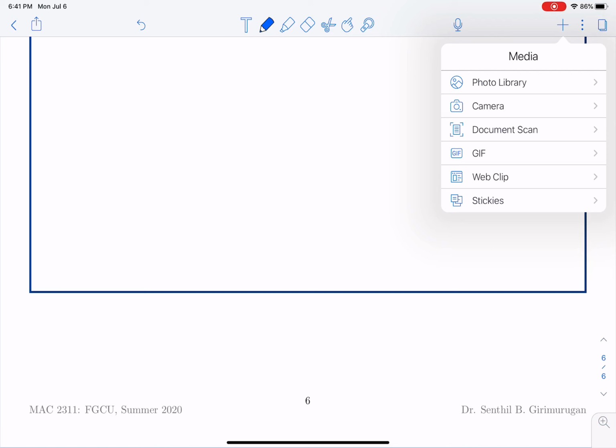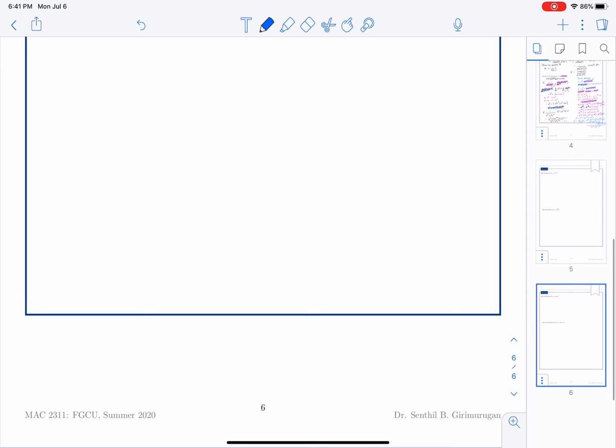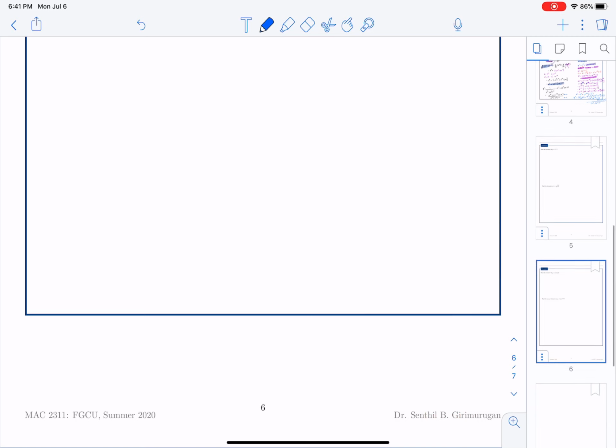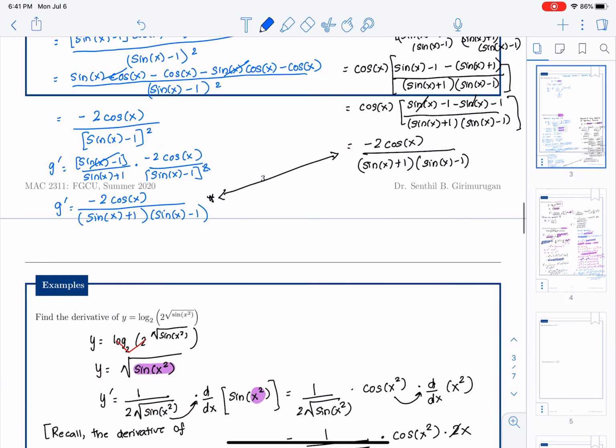Add page. Okay. I'm going to put it in the very last page.